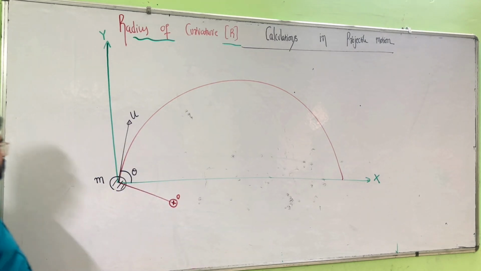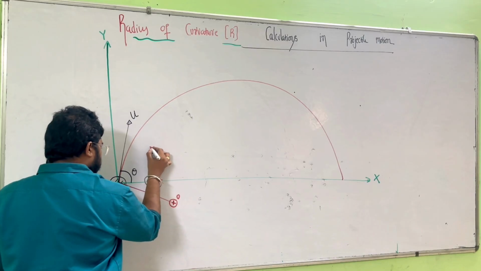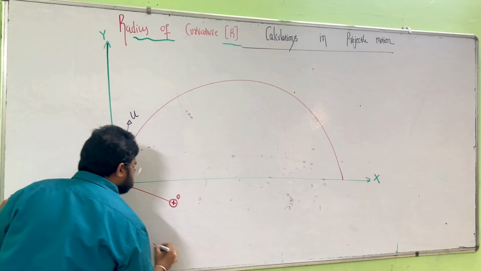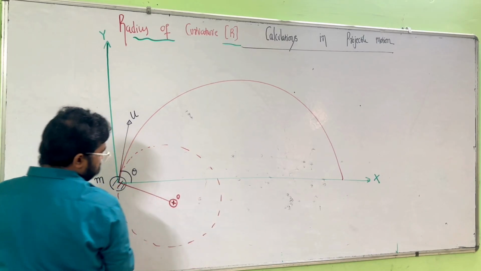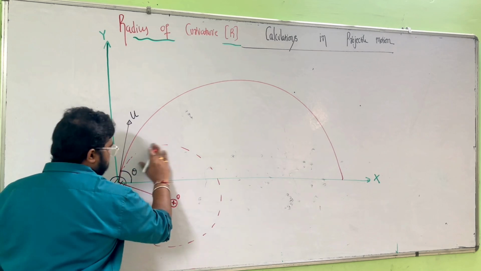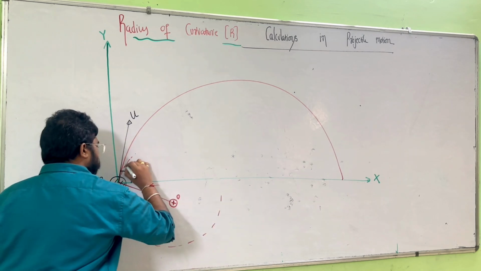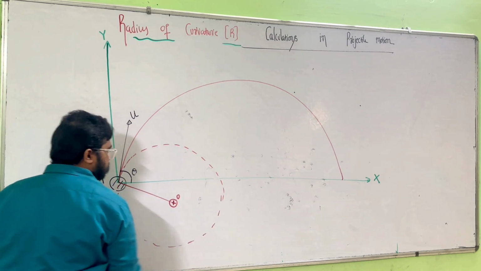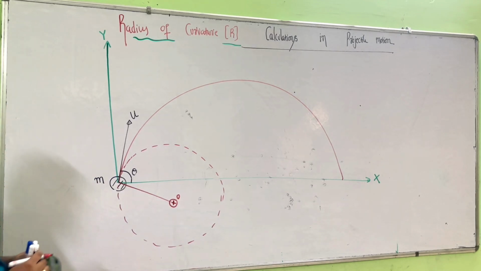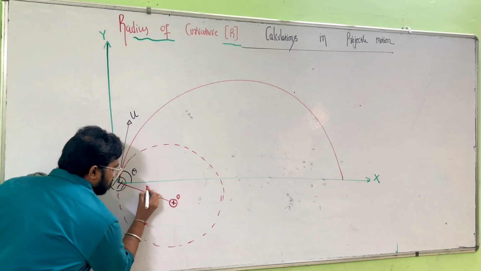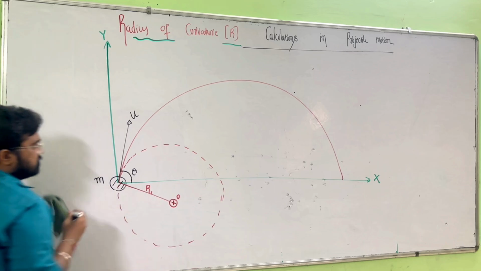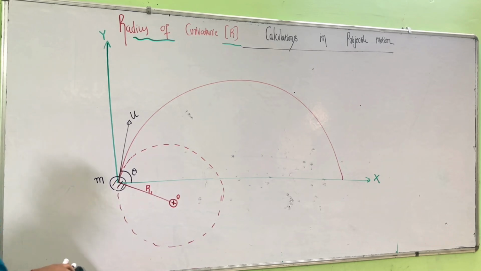Clear? Then we draw the circle that can fit into the arc. That is the radius of curvature.